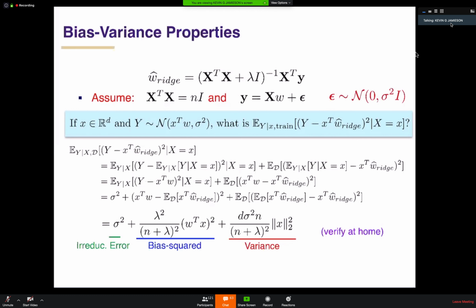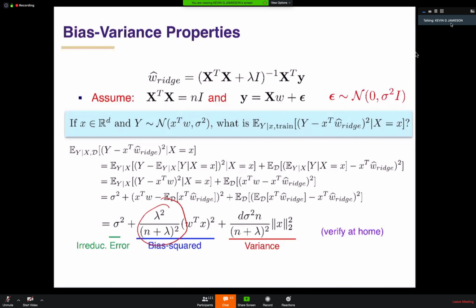But then as lambda gets off to infinity, say lambda is much larger than n, this first piece is going to go to 1. And so our bias squared is basically this W transpose X squared. That's very intuitive because W is the truth. And what is the bias telling you? The bias is saying, how far off is your expected answer from the truth?